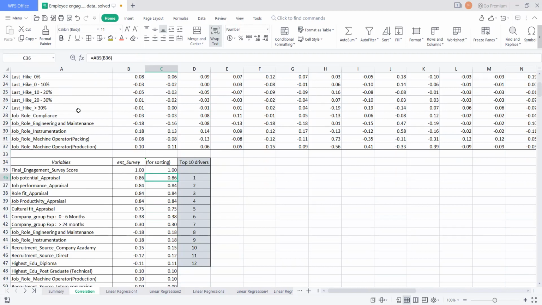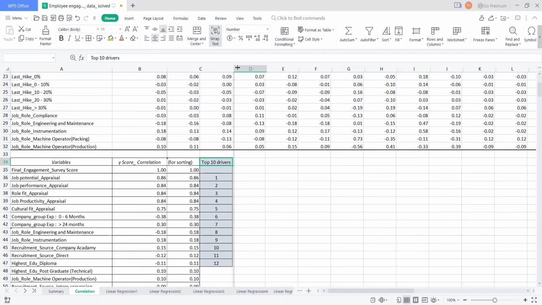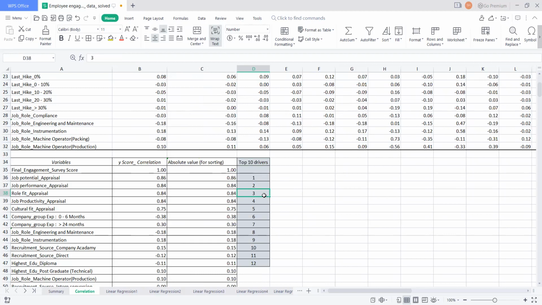We took the values of the correlation with the final engagement scores, and then we did a sorting after taking the absolute value. And at the end of this process, we were able to see the top drivers of engagement. So if somebody was to ask which are the factors which are really affecting engagement, these are the 10, 12 factors which are affecting engagement.